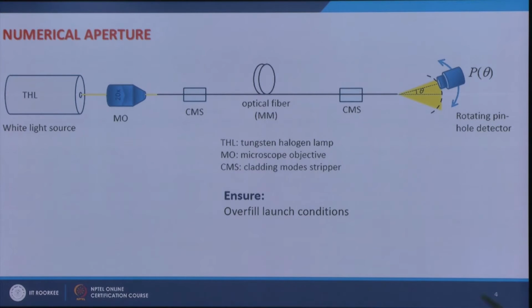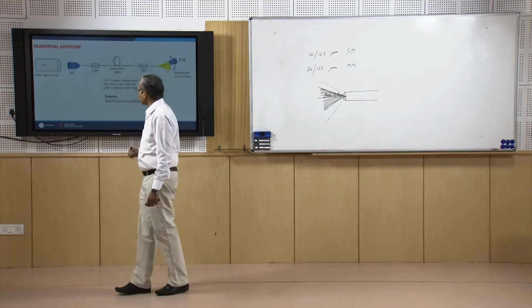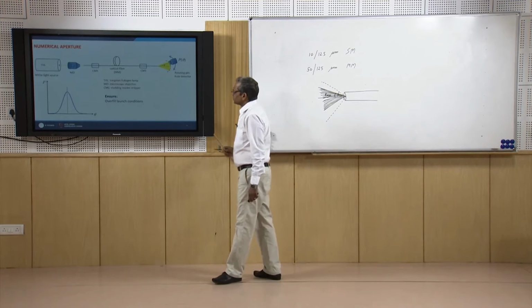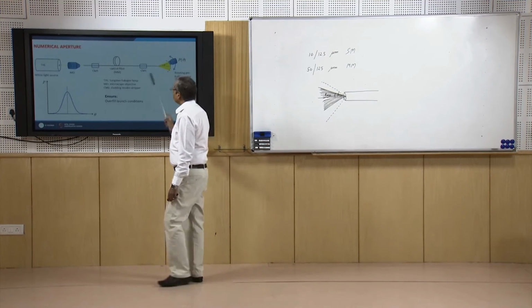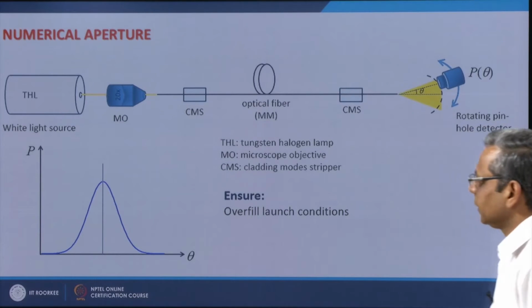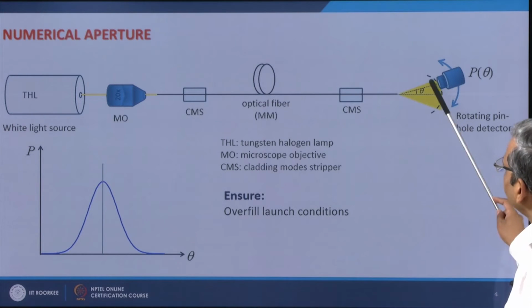Your pinhole detector should have a hole which is very small in order to have good resolution. So, when you do this and you plot P as a function of theta, you will get a variation something like this. Now, the question is, where is this boundary?